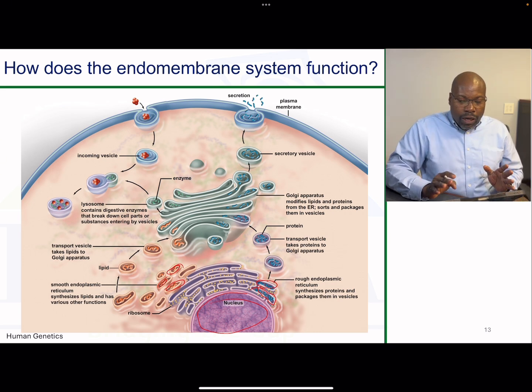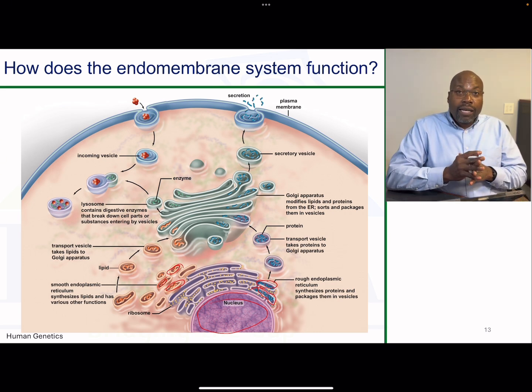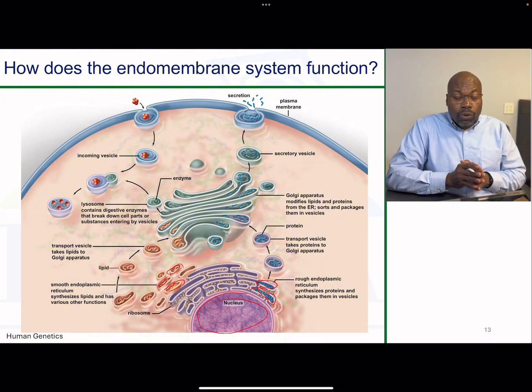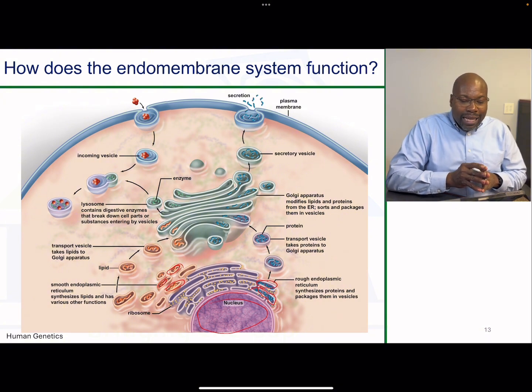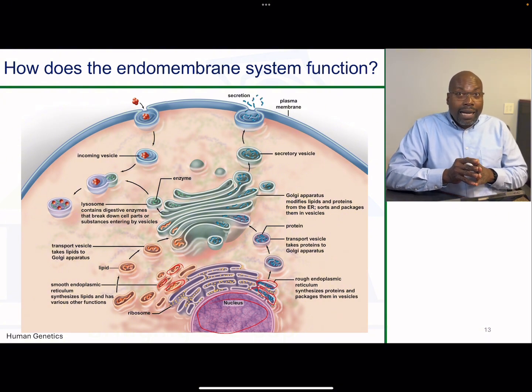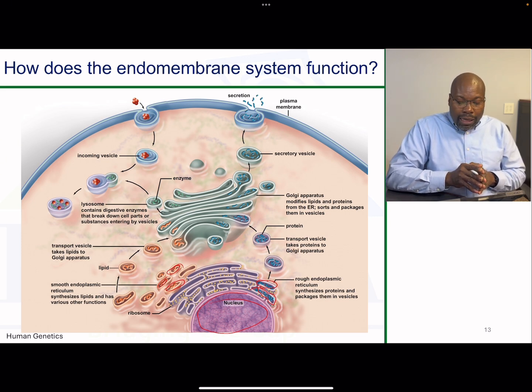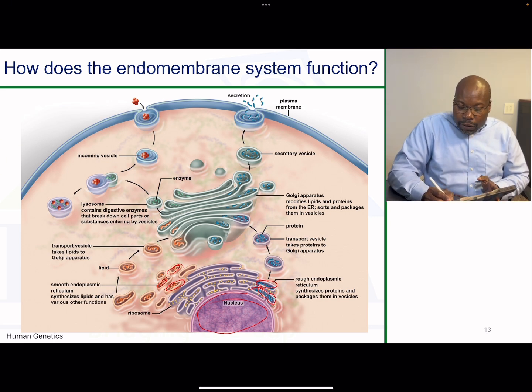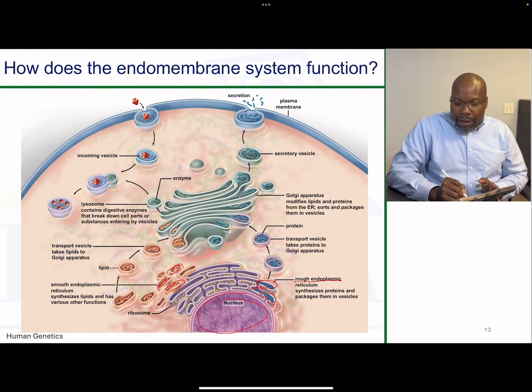Now, in that network, some proteins are produced through what we call the endoplasmic reticulum. That endoplasmic reticulum that is involved in protein production is called the rough endoplasmic reticulum. I want you to remember that.